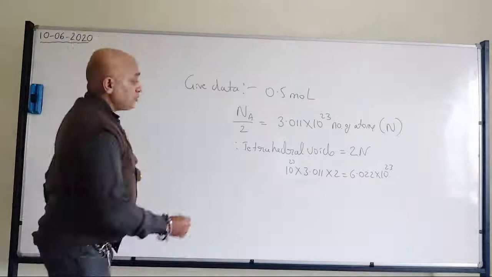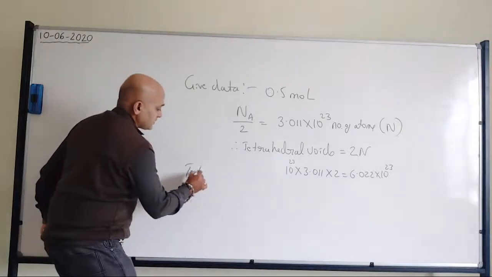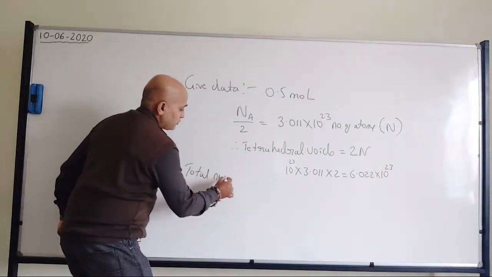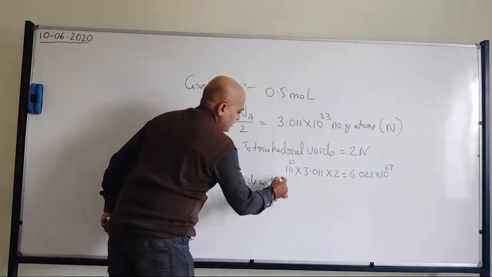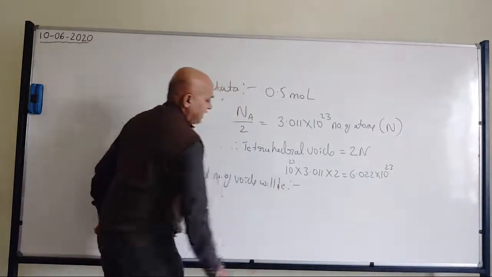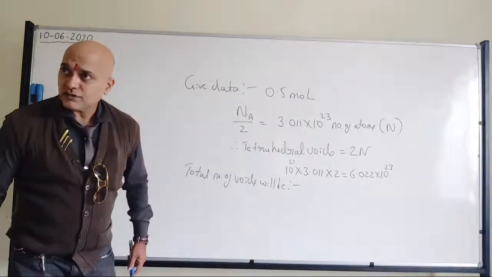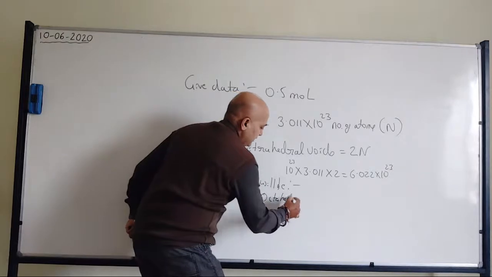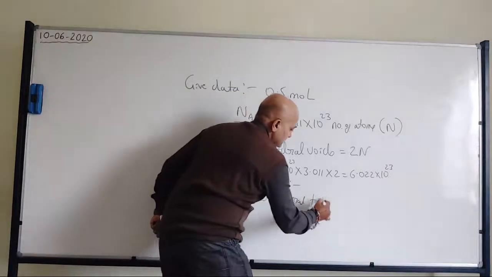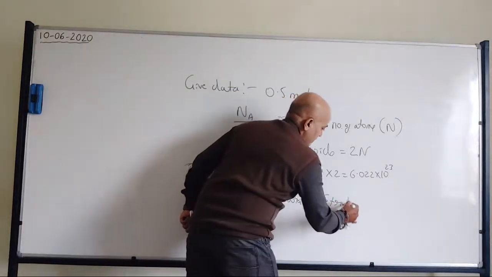Now what will be the total number of voids? It includes octahedral plus tetrahedral voids, right?